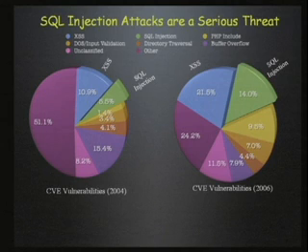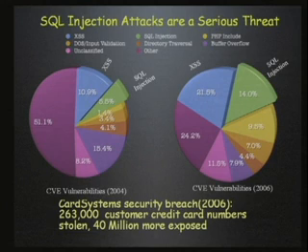So SQL injection is a very significant threat, and last year in the card system security breach, about 263,000 customer credit card numbers were stolen and about 40 million were exposed. So this was covered widely in the media. So this is a very important problem.